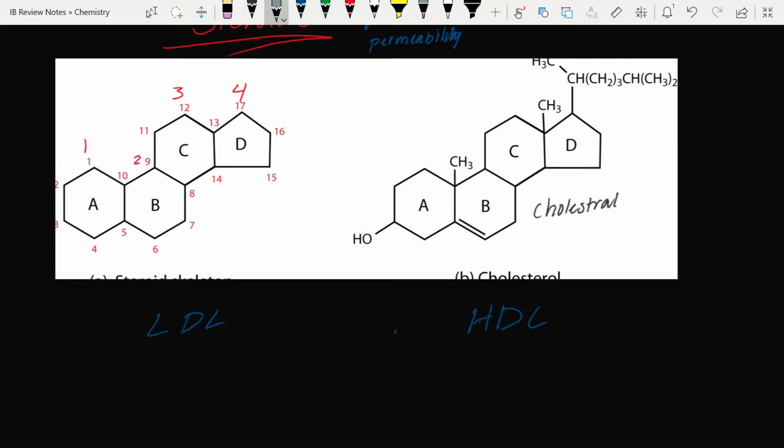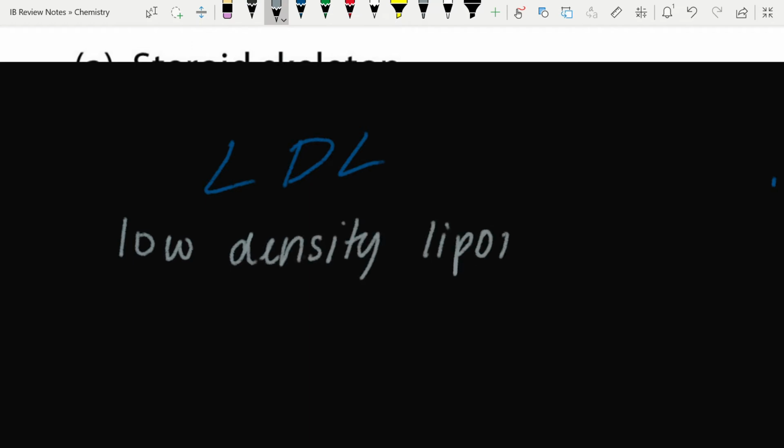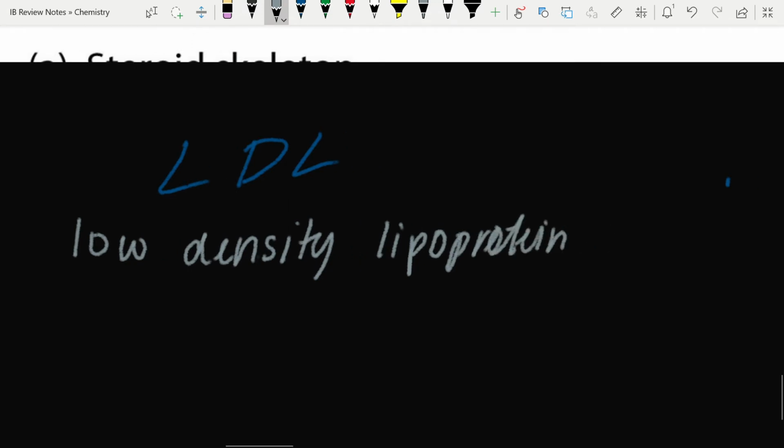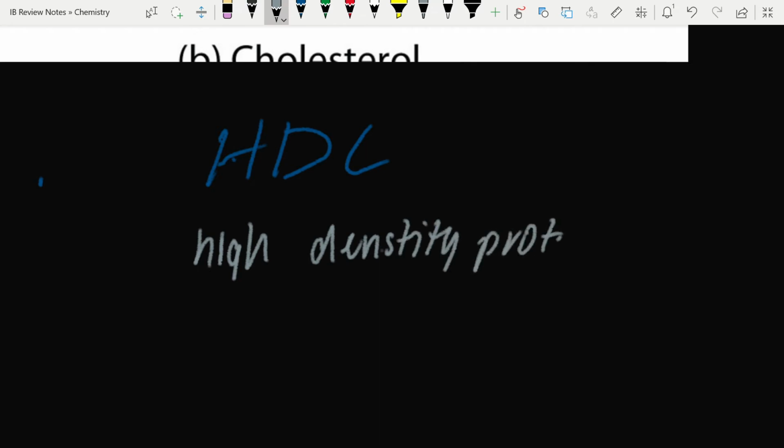LDL is low density lipoprotein, and HDL is high density lipoprotein.